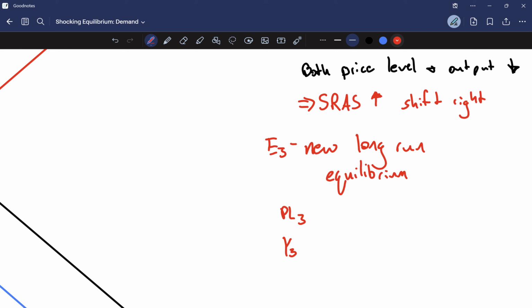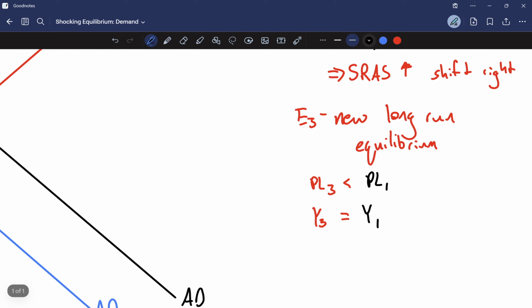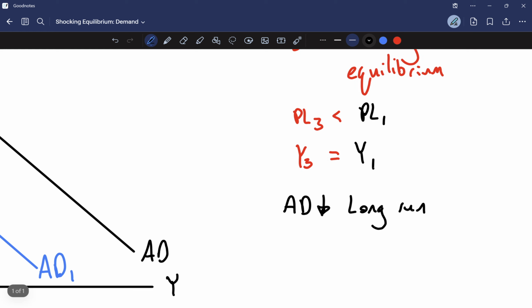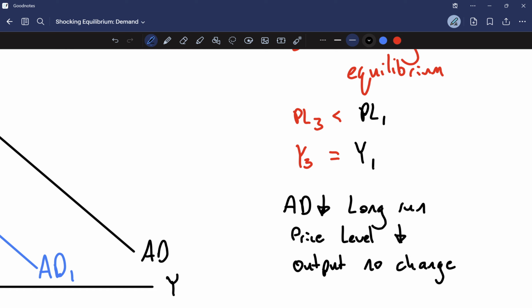We'll see that PL3 is less than our original price level, PL1, but Y3 is equal to our original output, Y1. So when aggregate demand decreases in the long run, we notice that price level decreases, but output has no change.